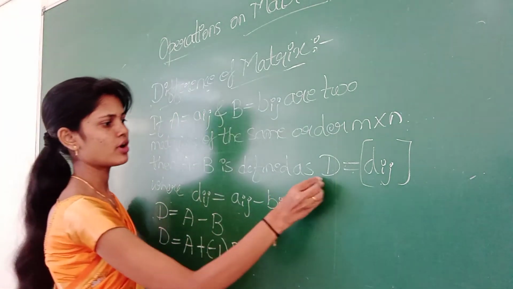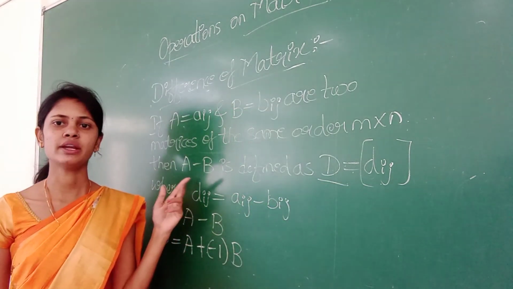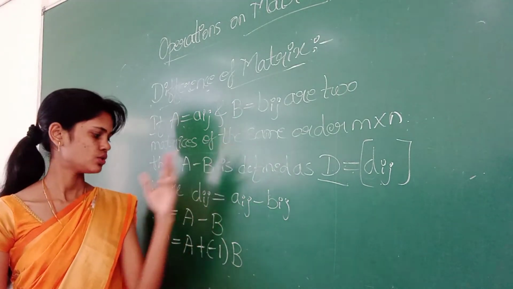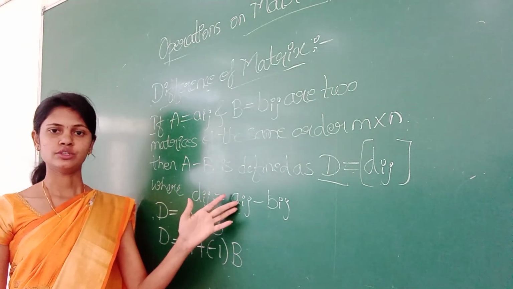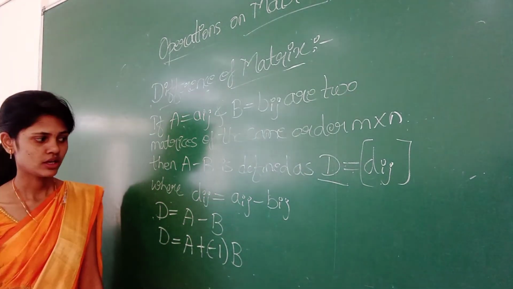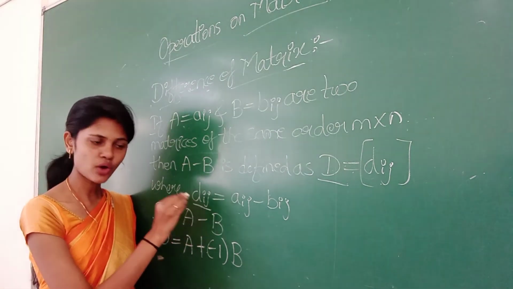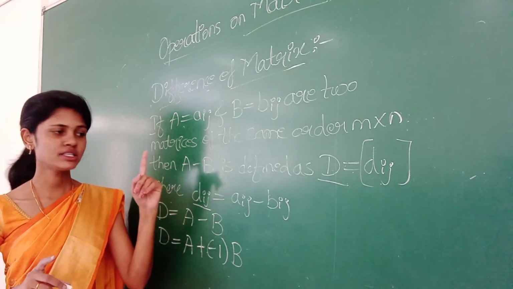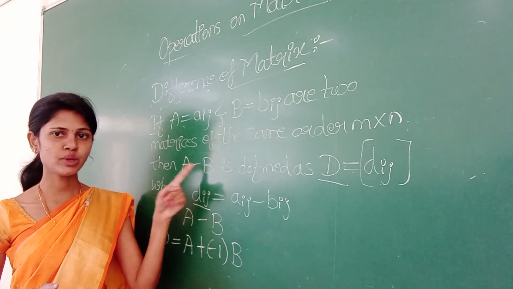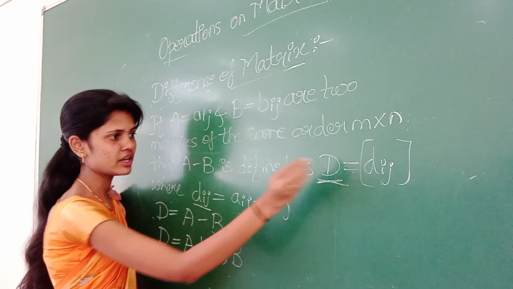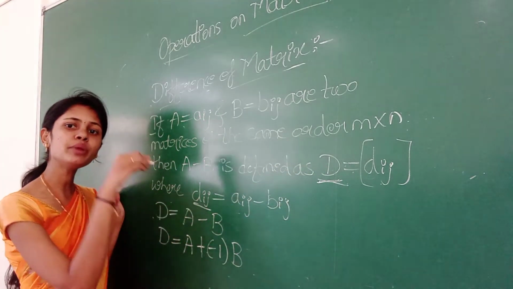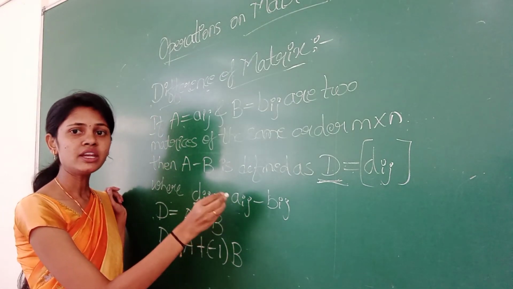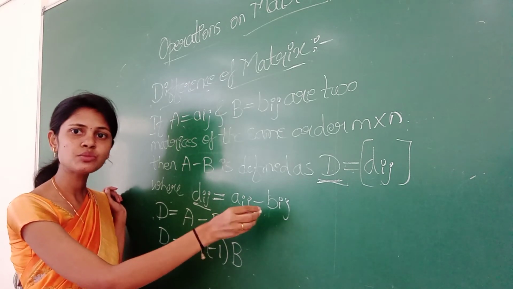So D is the result of A minus B and Dij is the element of D, where Dij is equal to Aij minus Bij. So A minus B, that is the difference of two matrices A and B, gives us the matrix D here, and Dij is the element of that matrix D which is obtained by taking the difference Aij minus Bij.